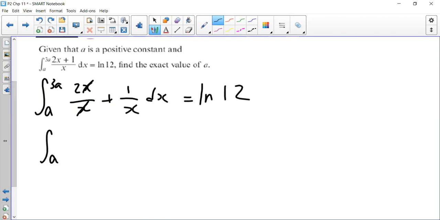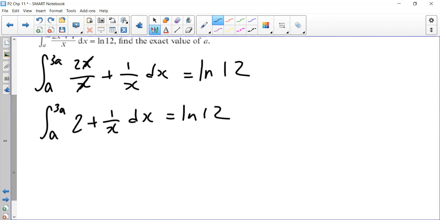So it's just the integral from a to 3a of 2 plus 1 over x dx equals ln 12. You could split these up because there's a plus sign in the middle, but this is quite a simple expression, so we don't need all that shenanigans. We can just integrate straight away. 2 becomes 2x. 1 over x, you remember? It's ln x.